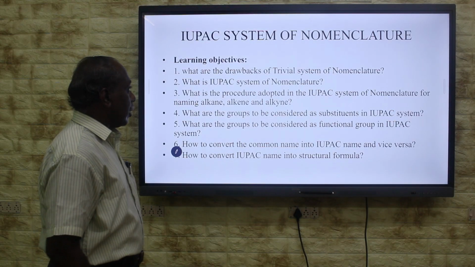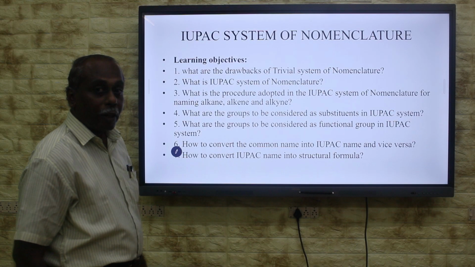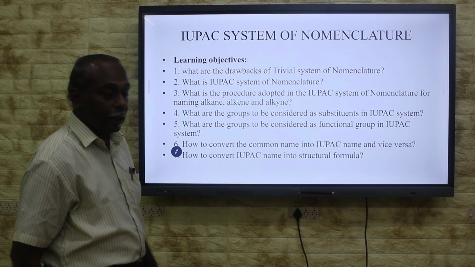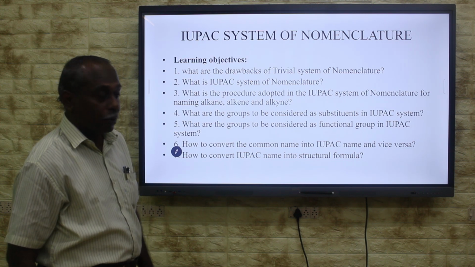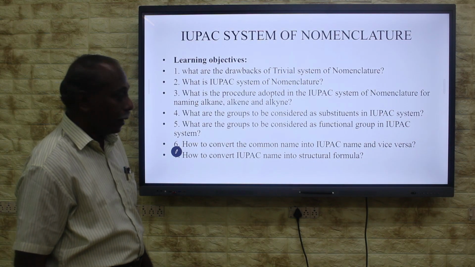The learning objectives are: we are going to recollect the drawbacks of the trivial system of nomenclature, what the IUPAC system of nomenclature is, and the procedure adopted in the IUPAC system for naming alkane, alkene, alkyne.